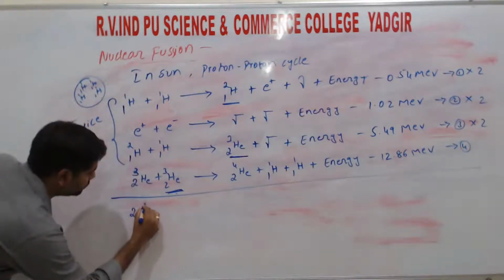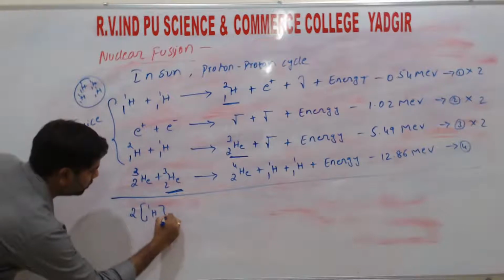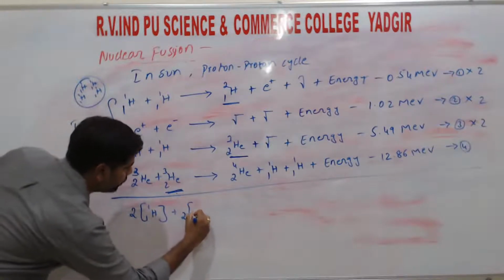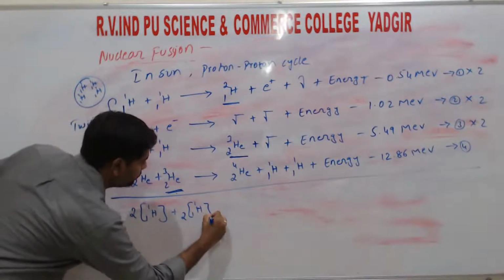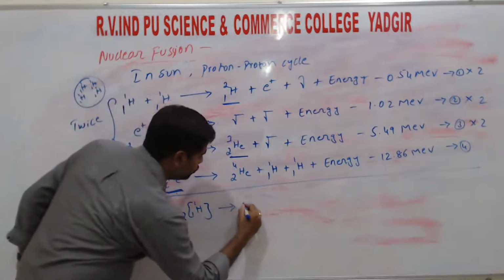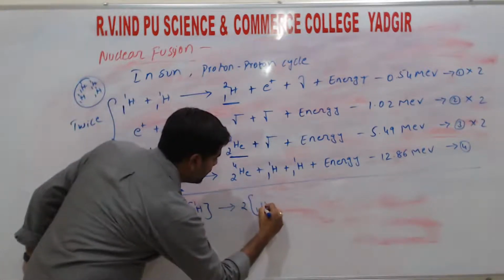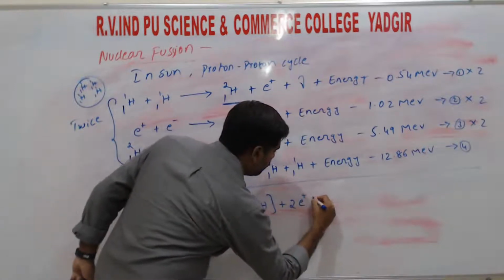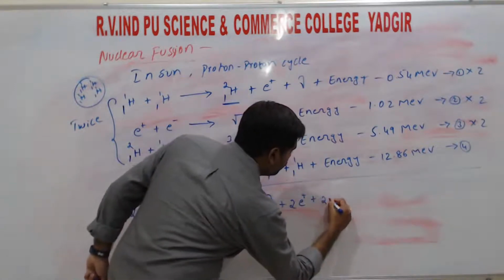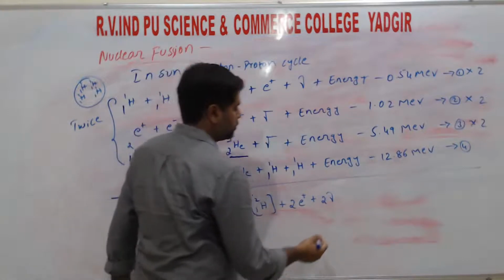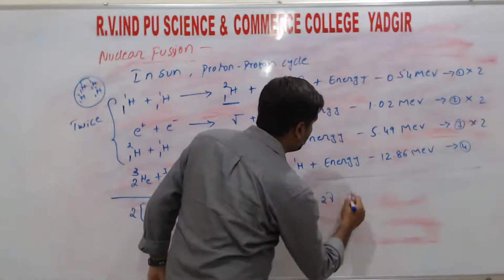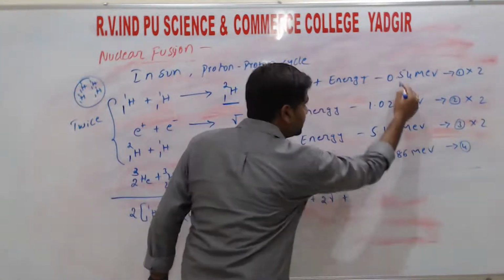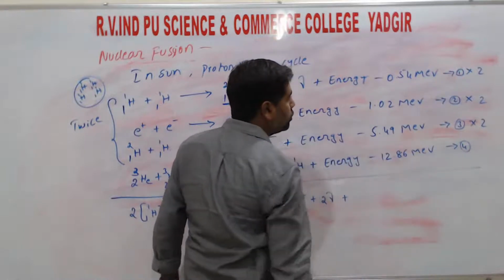So the first one becomes 2 1H1 plus 2 1H1 gives rise to 2 times 1H2 plus 2 positron plus 2 neutrino, and here the energy released is 0.54 into 2.